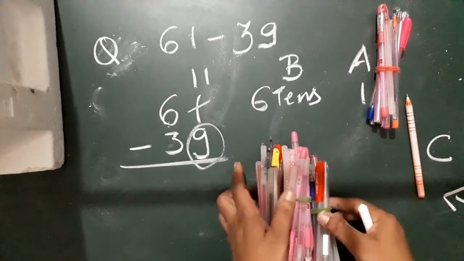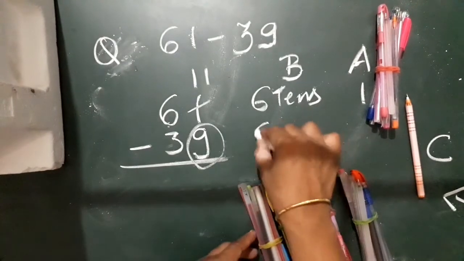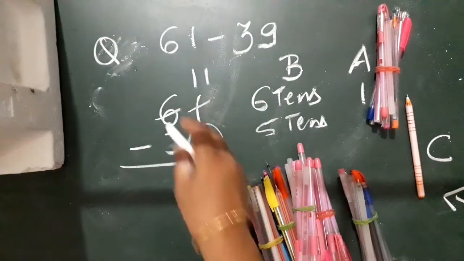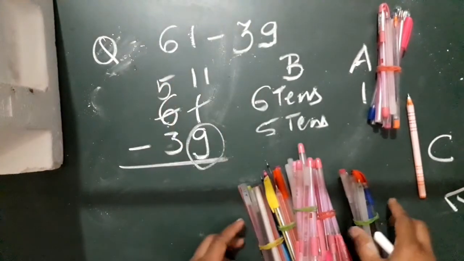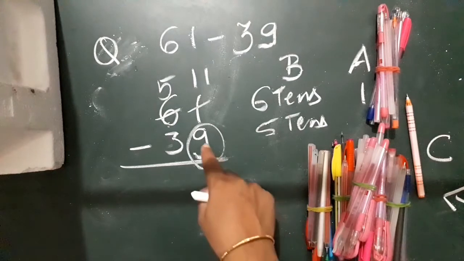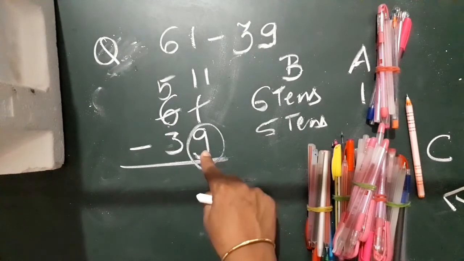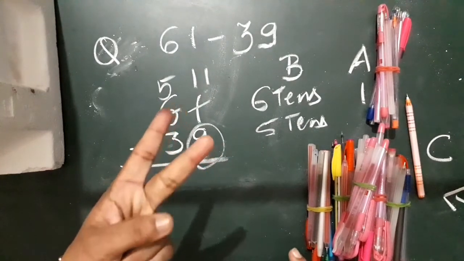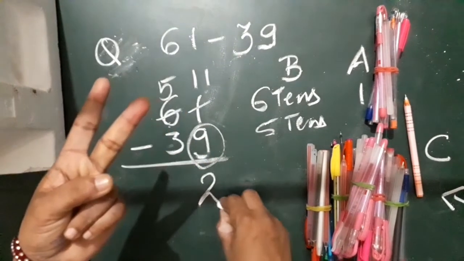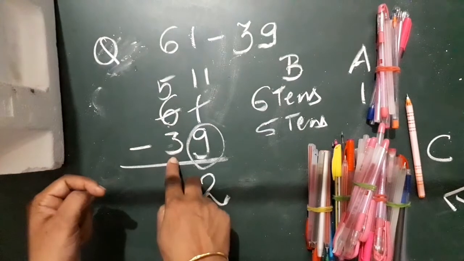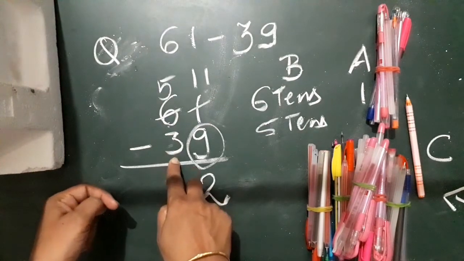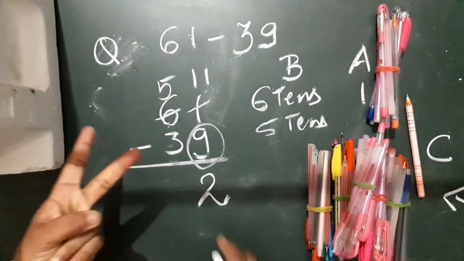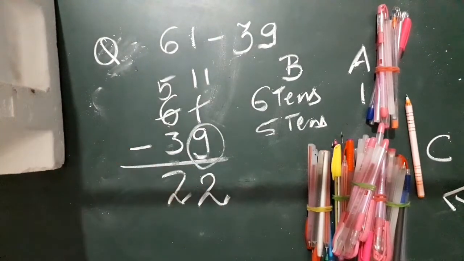So he is left with 5 tens now. So this you have to cut and write 5. Now count after 9, reach up to 11. So after 9, 10 and 11. So this becomes now 2. And now start counting after 3. That is 4 and 5. So 2 is the answer.